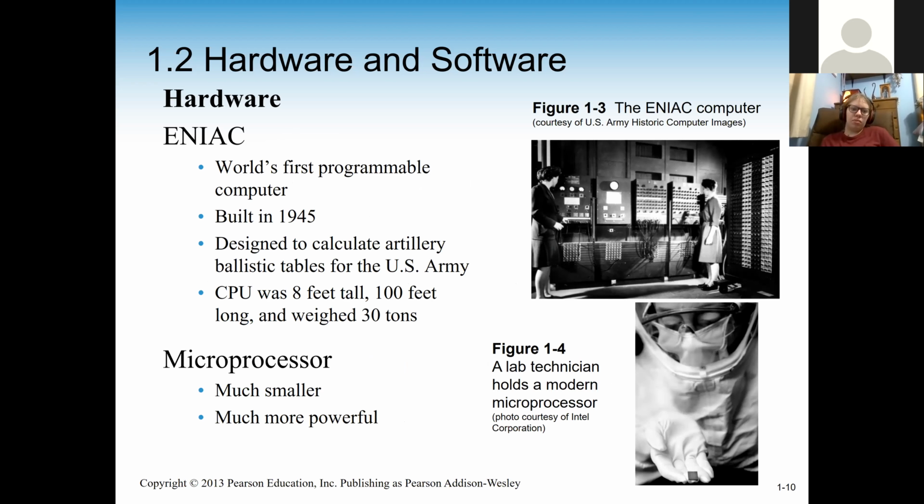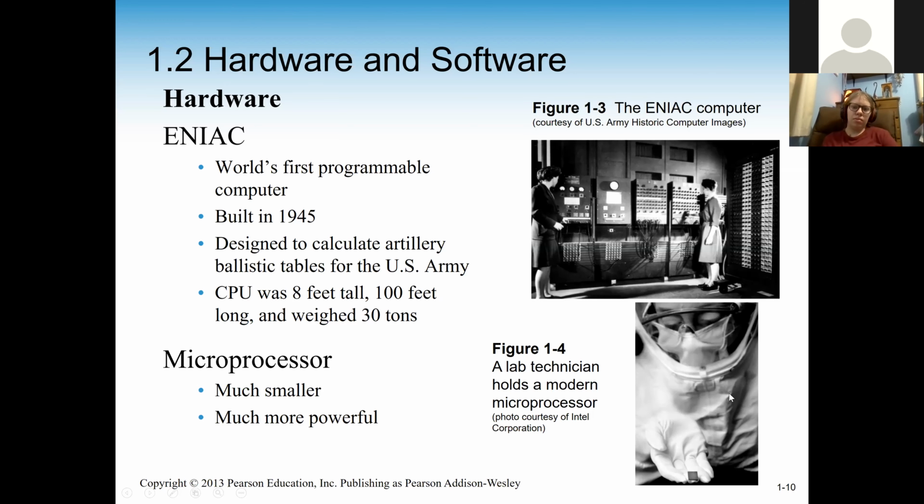Hardware, rather, used to look like that at the top. And then at the bottom, you can see somebody holding a microprocessor, right? Much smaller. The first programmable computers were really large.